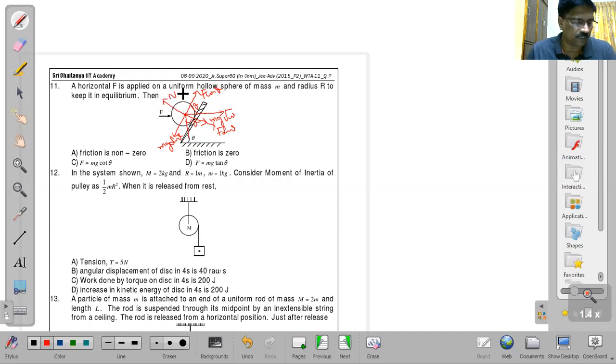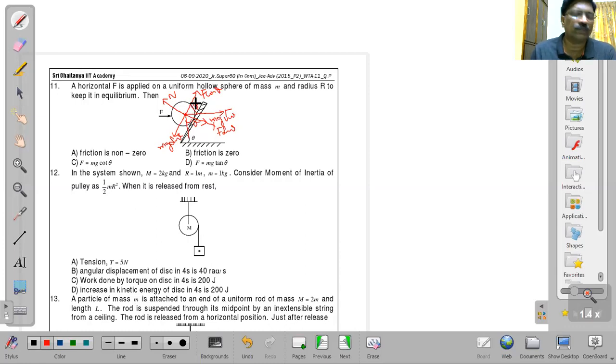Now, to keep the body in equilibrium, suppose mg sin theta is greater than F cos theta, then the sphere tries to slide down. In that case, friction acts in the upward direction, so friction is non-zero.